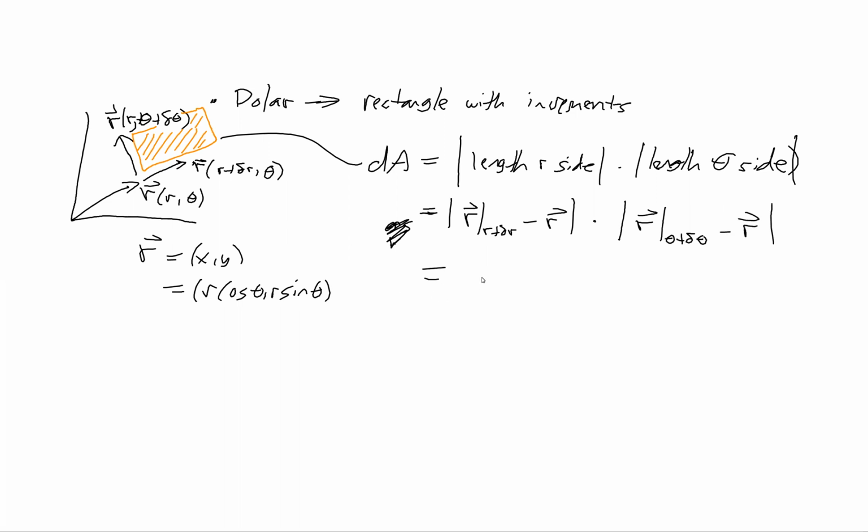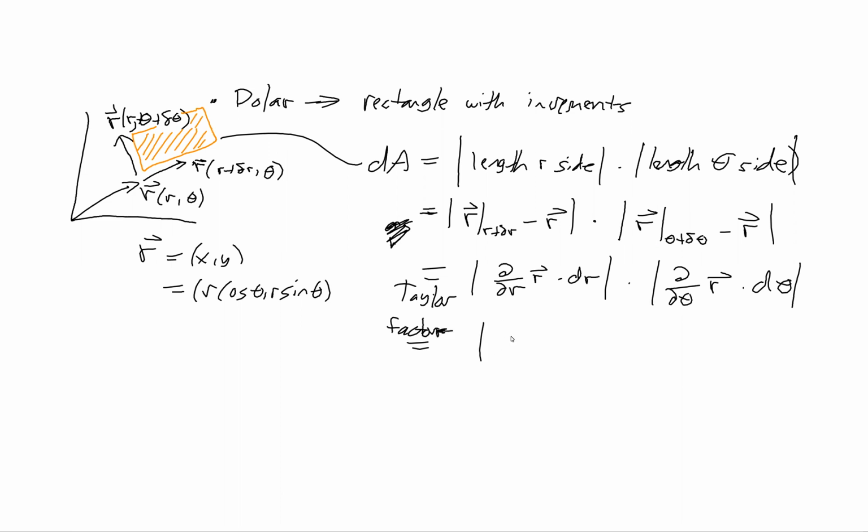And by the Taylor expansion, this is the partial derivative of the position with respect to the radius times dr, and then we have a similar term with theta. Okay, so let's just factor out the d's. So we have the radial change times the angular change times dr d theta.